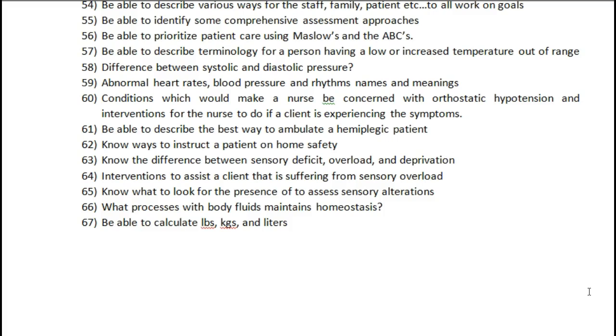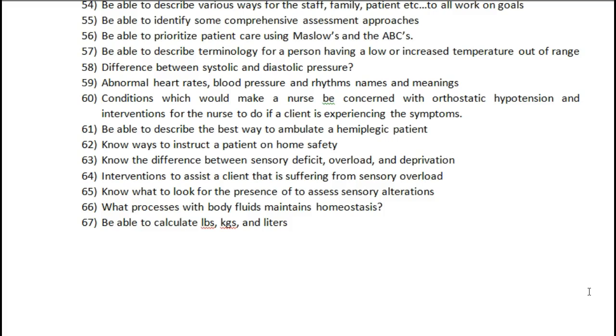So sensory deprivation is when you don't have enough quantity or quality of stimuli. A person can be bored, restless. They can have increased anxiety. They can be emotionally labile, which means one minute they're crying, one minute they're smiling.